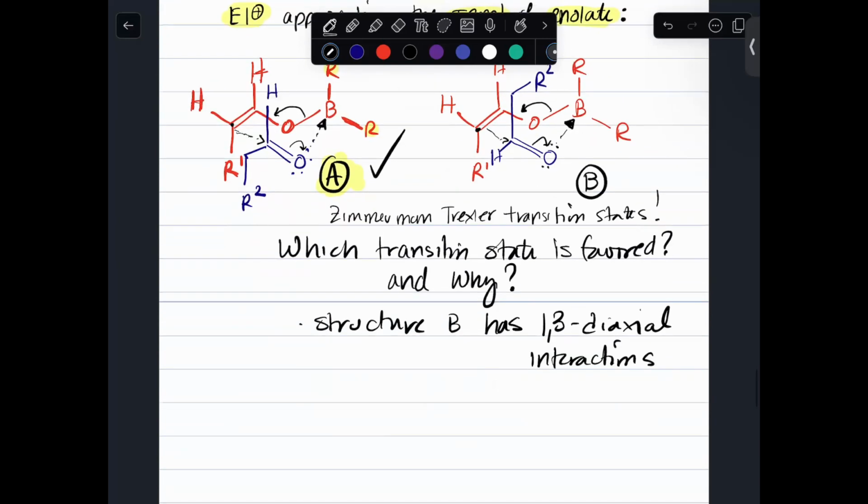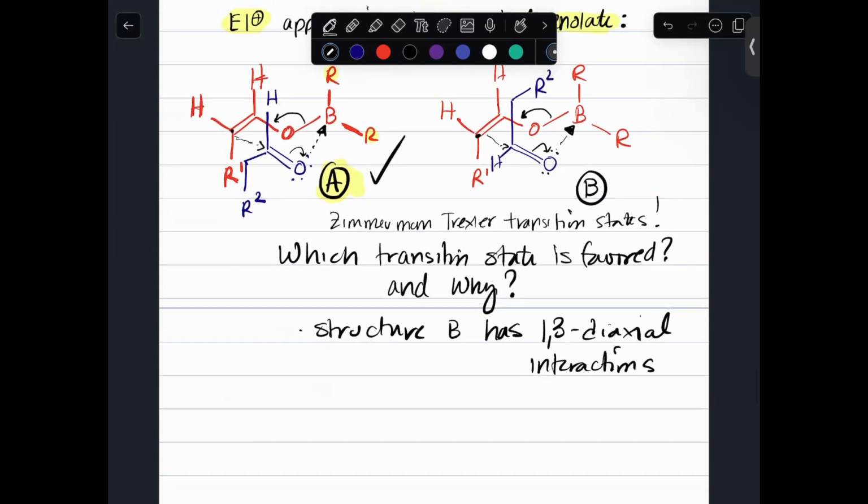Okay. If you remember from your chair conformations, I'm going to draw a chair here. Substituents prefer to be in the equatorial position over the axial position.